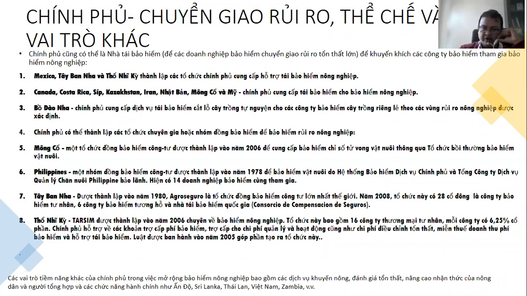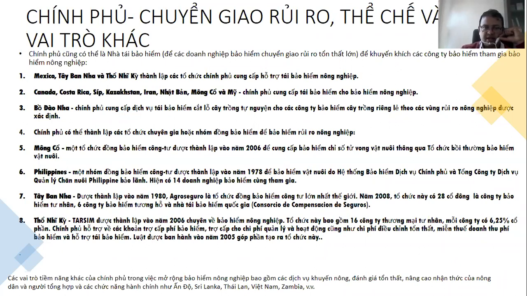And again, there's quite a few examples where government has been doing this in India, Sri Lanka, Thailand, also in Vietnam, there's experiences on this, and also in Zambia. Okay, then moving on to the next slide, we go into some more details on the scheme in Mexico related to reinsurance.